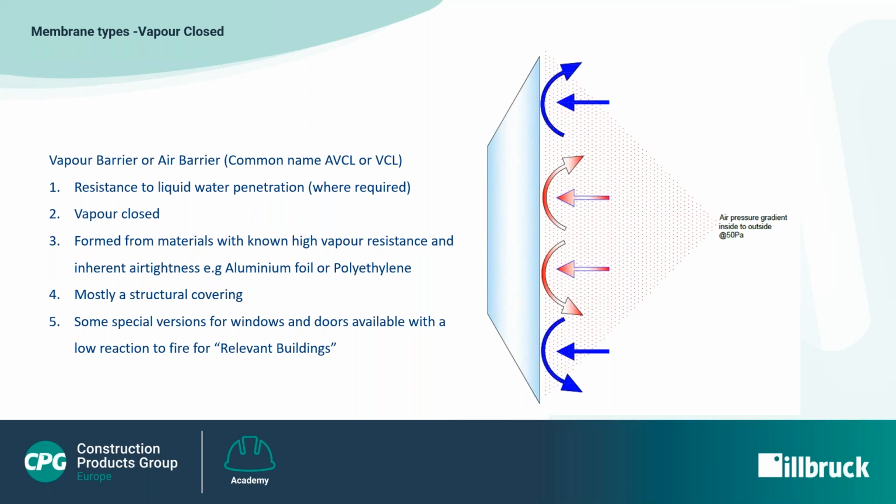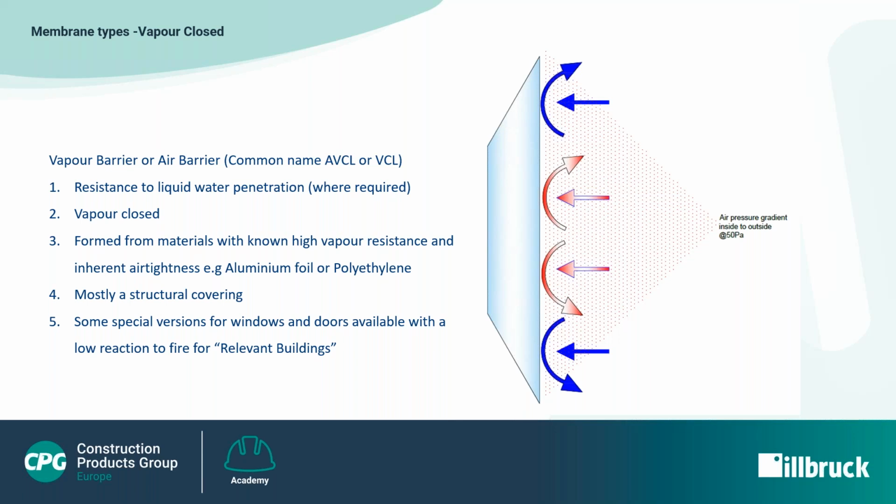Vapour resistance is also expressed as an equivalent thickness layer, or SD value. Again, the higher the number, the more vapour tight the material is according to its thickness. SD values are expressed in meters. A material of 0.1 millimeter thickness can have an SD value of 107 meters, which is very vapour tight, but equally another material could be as much as 100 millimeters thick and have an SD value of 0.04, which is highly vapour open.